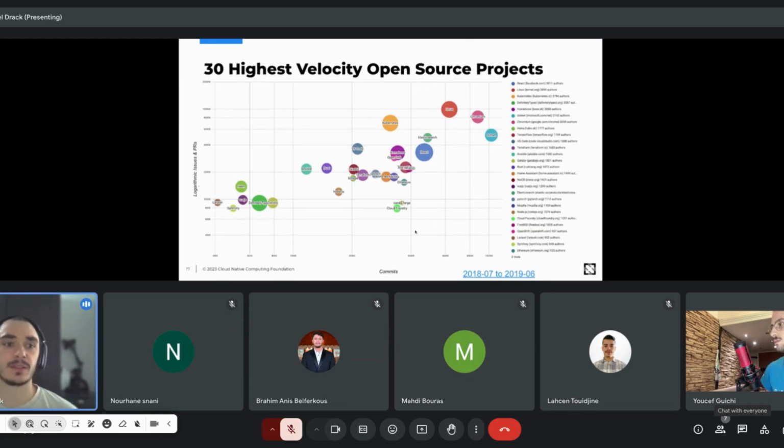What we see here is a nice overview of some of the more famous and well-known open source projects out there. We have a logarithmic scale of commits, issues and pull requests, and we can see that Kubernetes is playing in the league of the big open source projects.